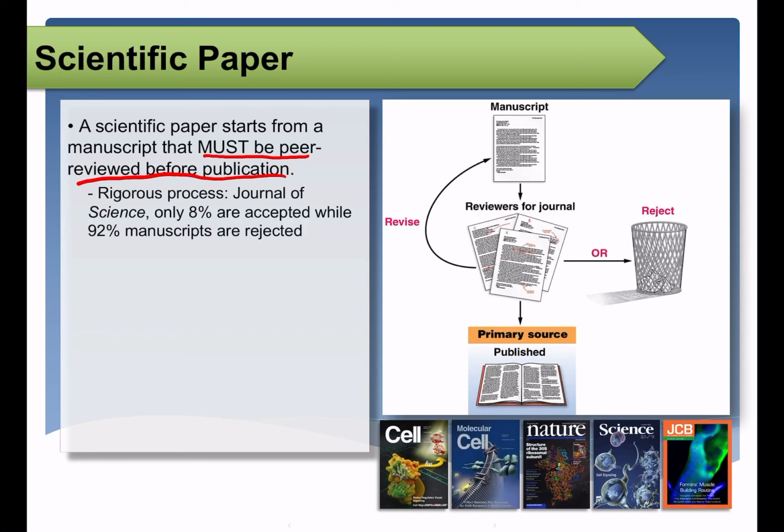For example, in the journal Science alone, the statistic is that only 8% of manuscripts are accepted, while 92% of them are rejected. This is how tough it is for a manuscript to make it to publication, which adds to the reason why I like to believe in published scientific journals more than what's on the news when it comes to biology research.